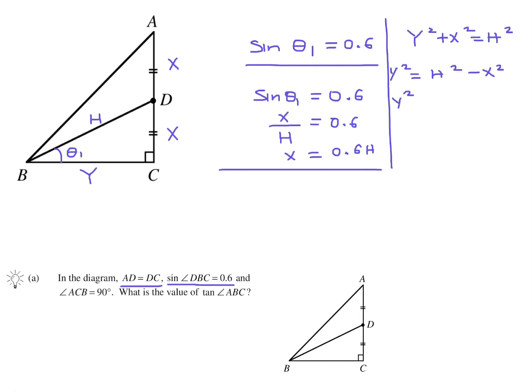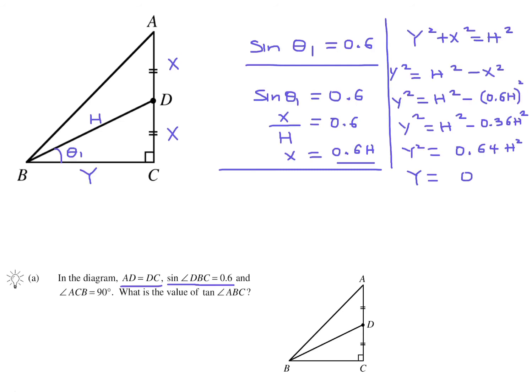And x we know is 0.6h, we just figured that out, squared. So y squared is equal to h squared minus 0.36h squared, and this looks like 0.64h squared is equal to y squared. If you take the square root of both sides, this will become 0.8h.